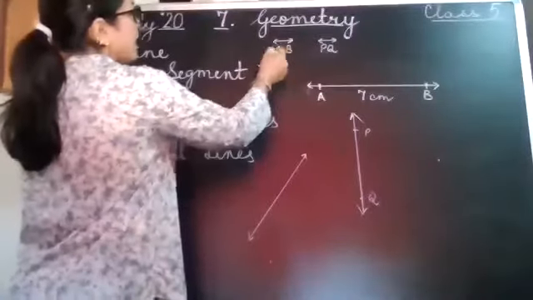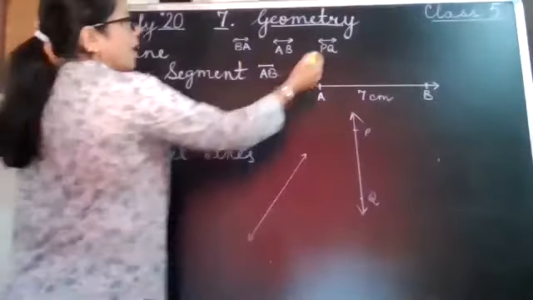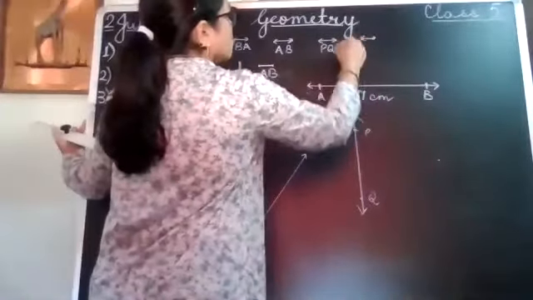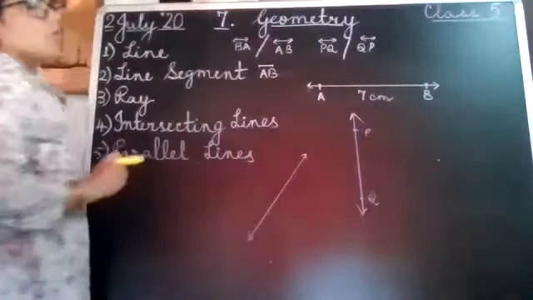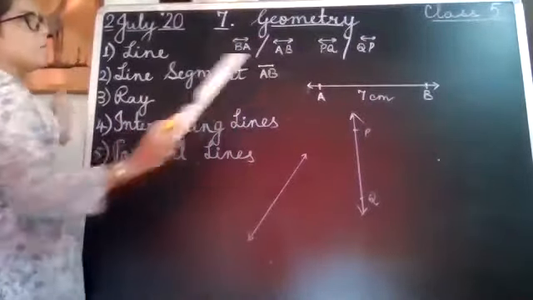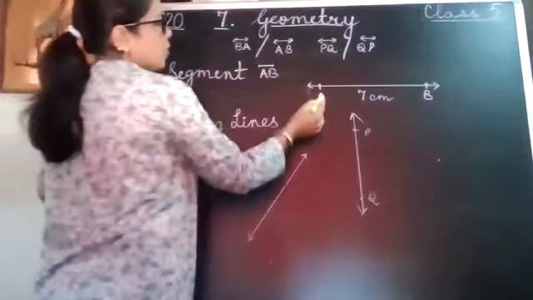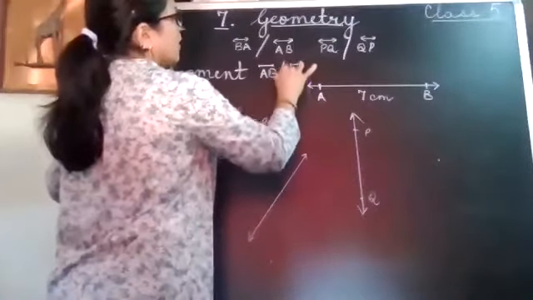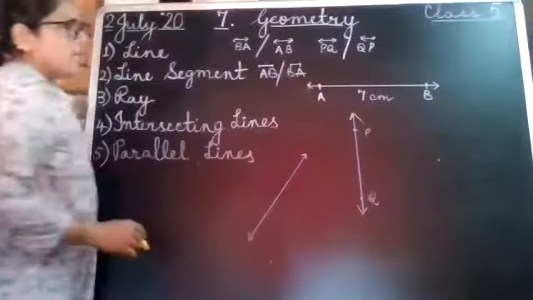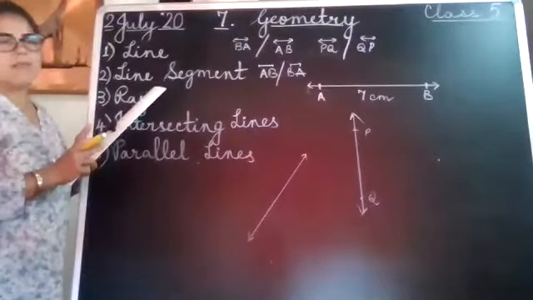Now this AB can also be called line BA, and this PQ can also be called QP. Okay? So whether you call it like this or like that, it means one and the same. Similarly, for line segment also, you can call this line segment AB. You can also call it line segment BA. So what is the difference between line and line segment?